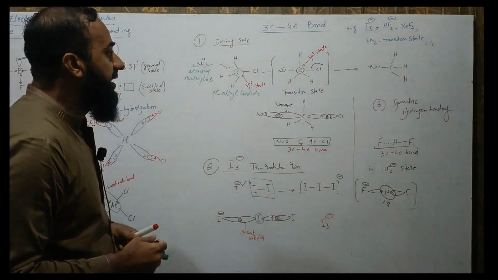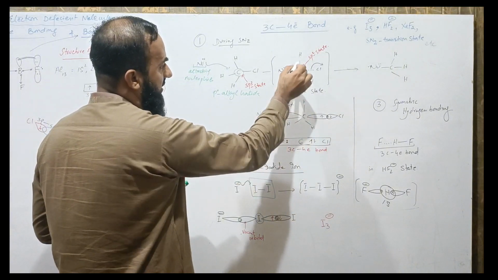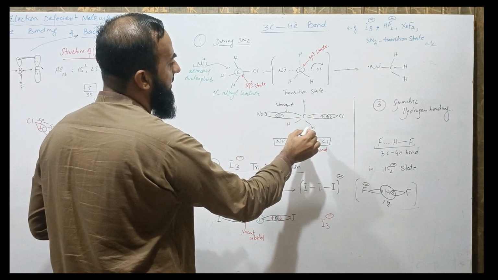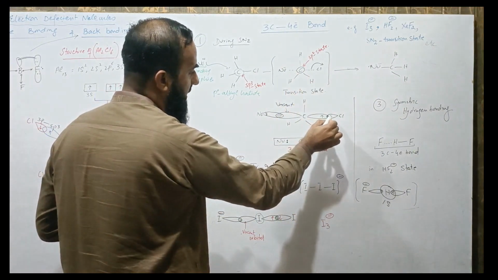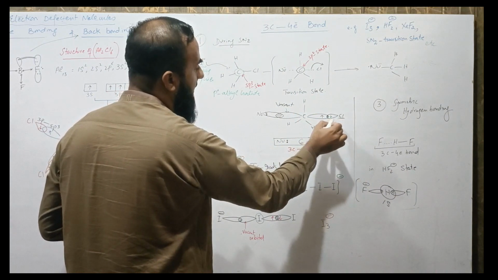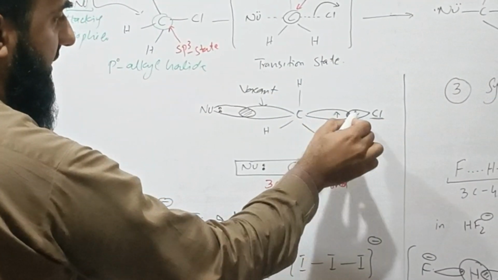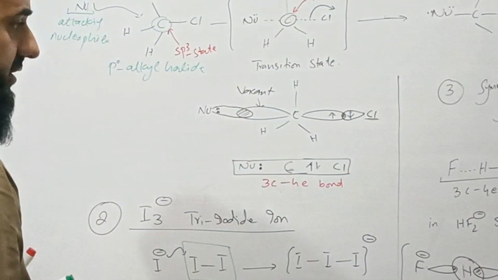If we see this transition state, carbon is sp2 hybridized, and in this state this orbital of the carbon is overlapping with chloride and it contains 2 electrons, and this is called a simple covalent bond.